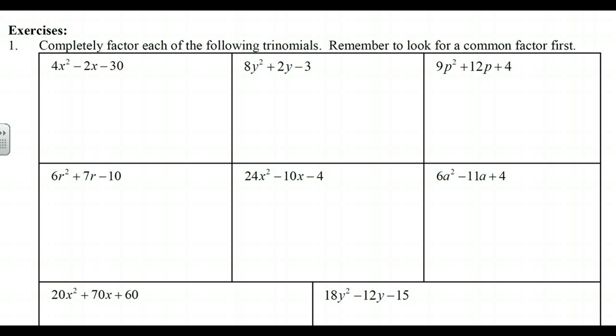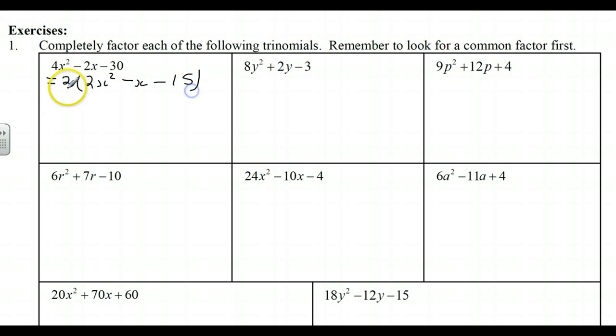Okay, completely factor each of the following polynomials. Here we have a common factor of 2, right? So it's 2x squared minus x minus 15. I may immediately put down a bracket with a 2x in it and another set of brackets with an x.